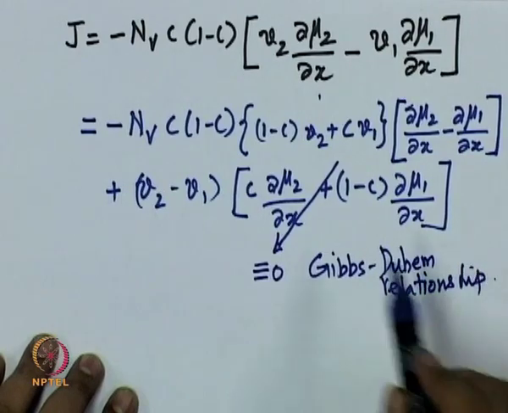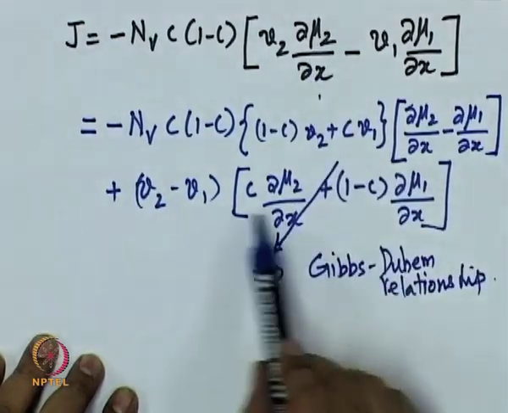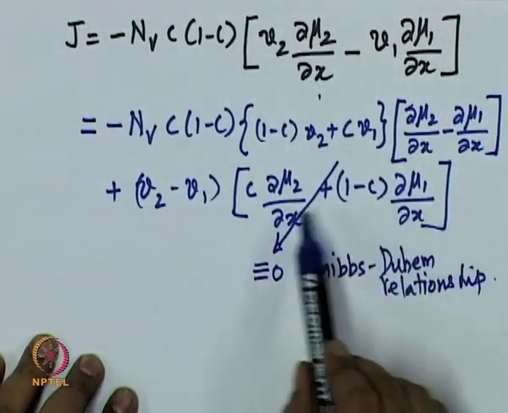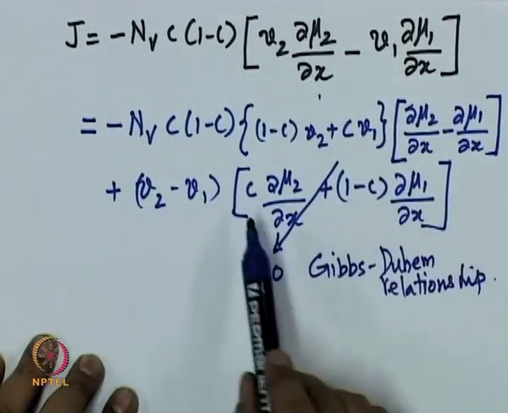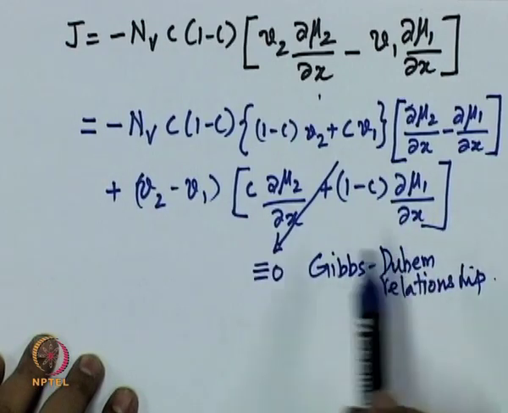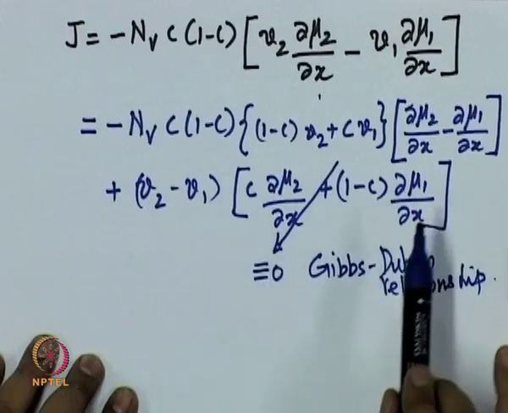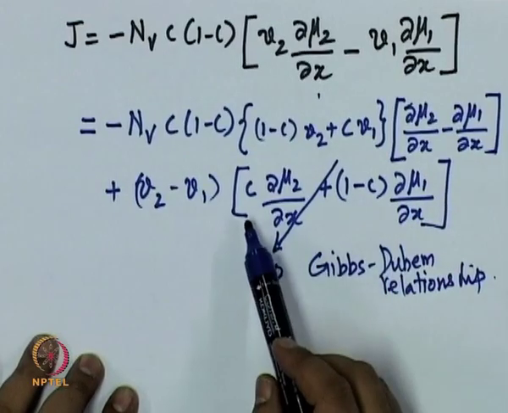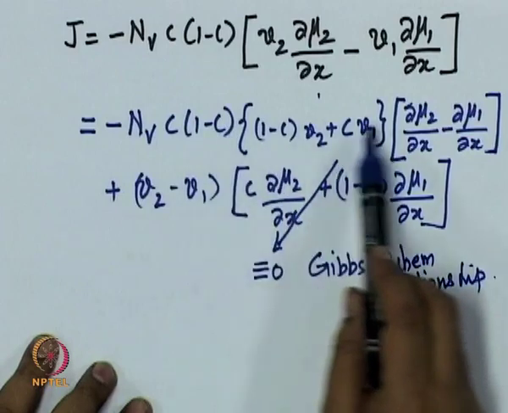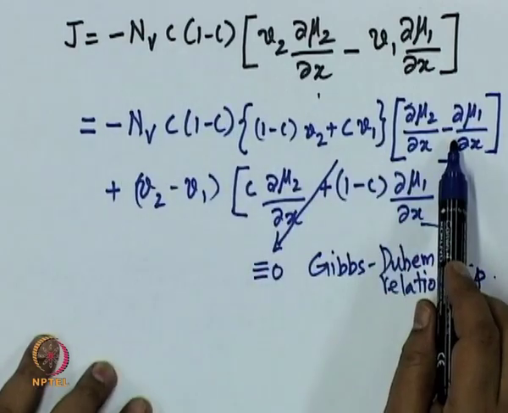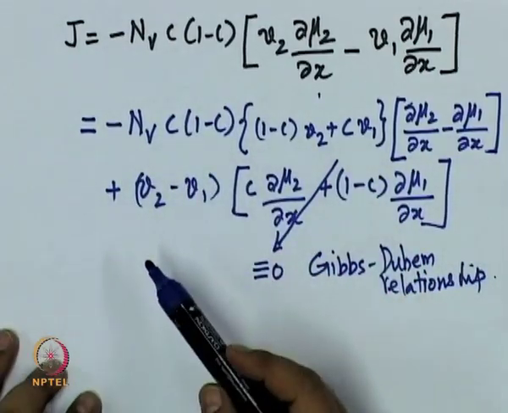The reason why we modified this expression and wrote it in this form is to make sure that this part goes away, because by the Gibbs-Duhem relationship we know that any term that has C ∂μ2 plus (1 minus C) ∂μ1 is going to be 0, right. So, what are we left with? We are left with only the first line of this modified expression.